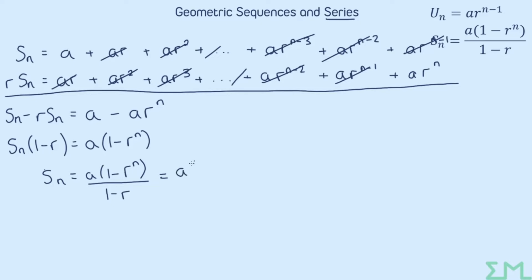So we could write it as a times r to the n minus 1 over r minus 1. This is better if your r is larger than 1, again giving you positive values on the top and the bottom. It doesn't matter if you use either one for any question, you just might have to deal with more negatives if you choose one that doesn't work as well.